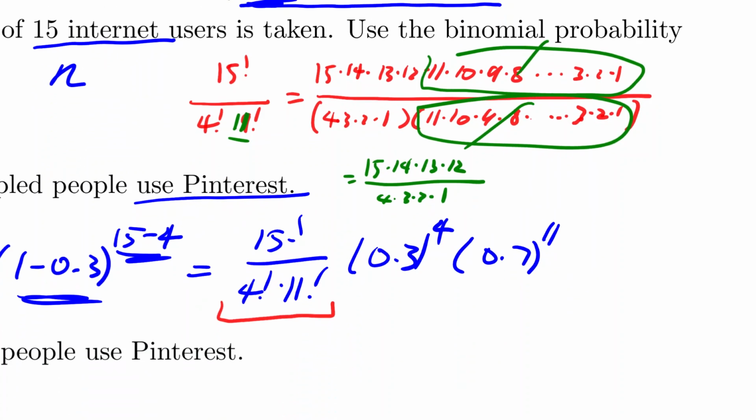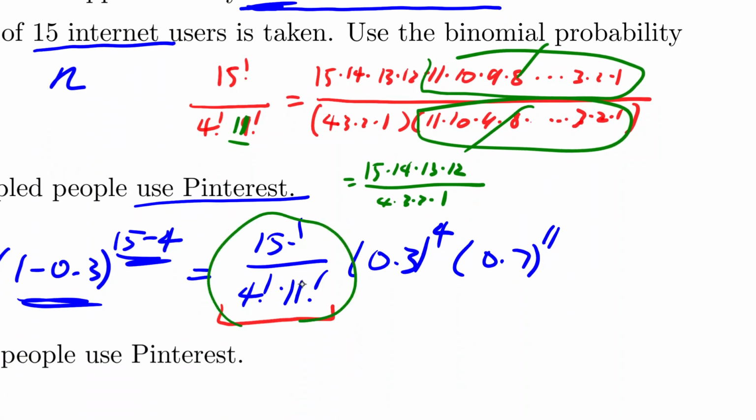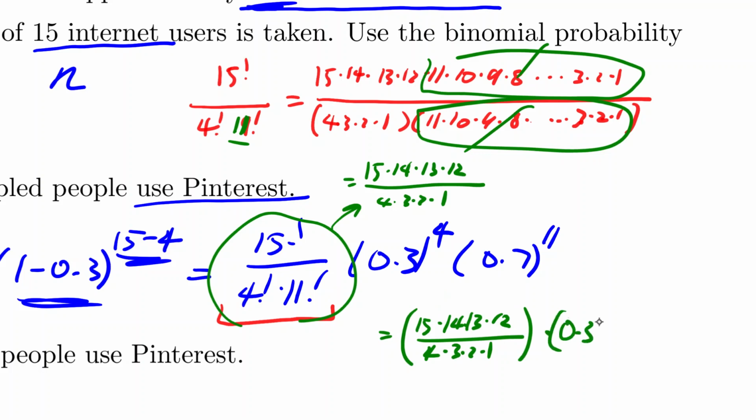Okay, so this can be reduced to this. So when we do this calculation, it is 15 times 14 times 13 times 12 over 4 times 3 times 2 times 1. You do this number first in your calculator, put it in parentheses, then multiply by 0.3, raise.